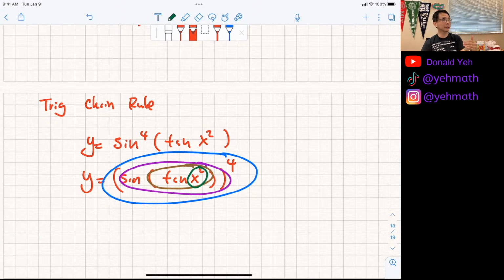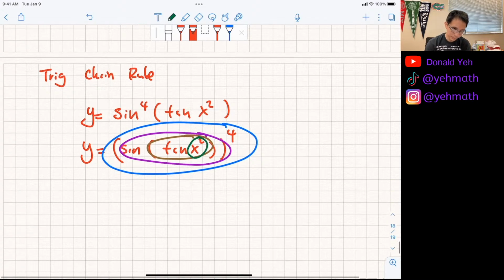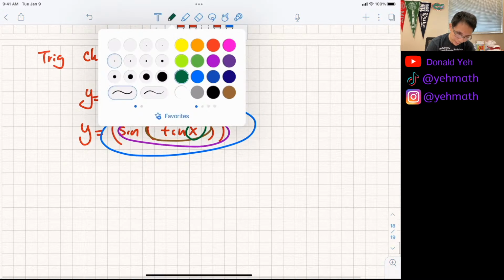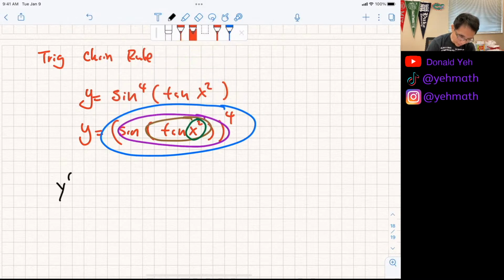Now, when you take a derivative of this, you're going to take a derivative from the outer layer and slowly work your way in. Keep the inside the same. So, y prime. I'm going to work on the blue layer. I'm going to color code for you so it makes it easier to understand. So let's look at the first layer. It's something to the 4th power, therefore it's x to the 4.